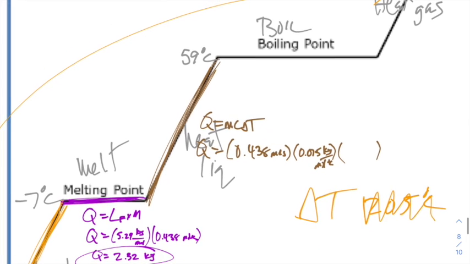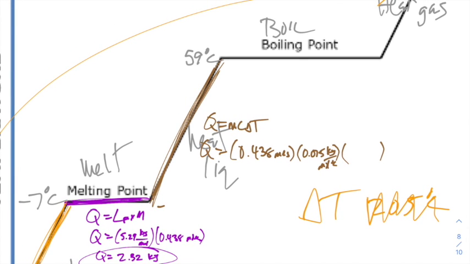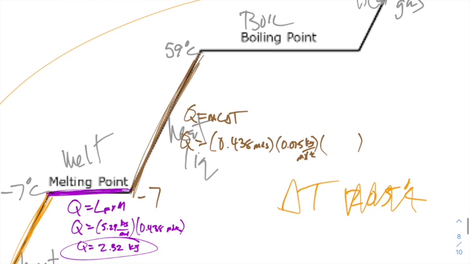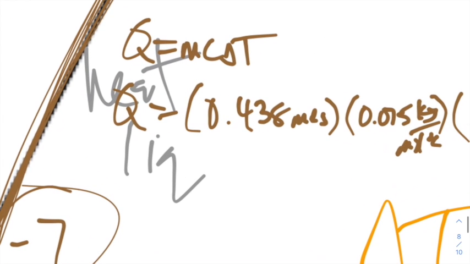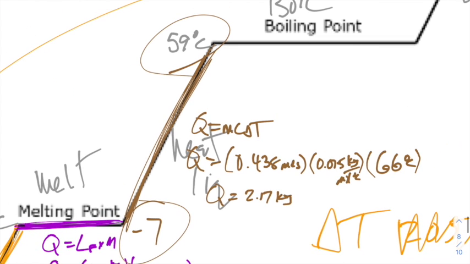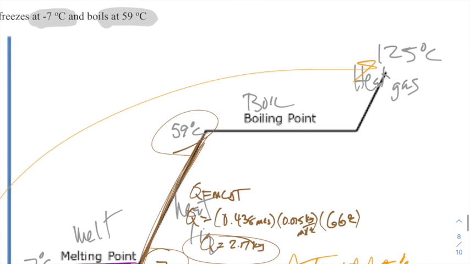And then how much is it changing? Well, it's going from a negative 7, which is here, up to 59. Whoopsie. Negative 7 here up to 59. So that's what, 66 degrees? So that's 66 degrees Celsius there. So I've got 0.438 times 0.075 times 66 is 2.17. So my Q here is 2.17 kilojoules when I round that off. So that's step 3.